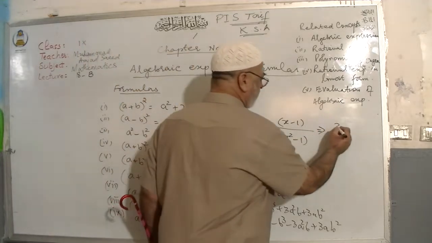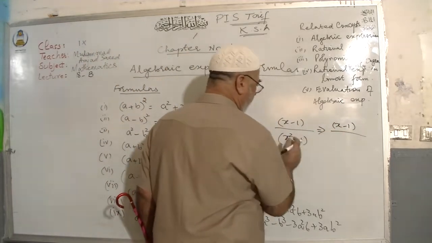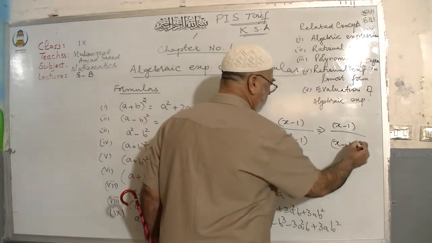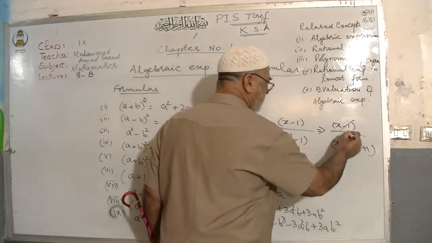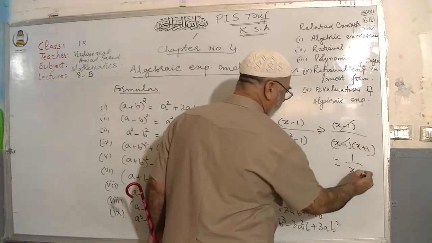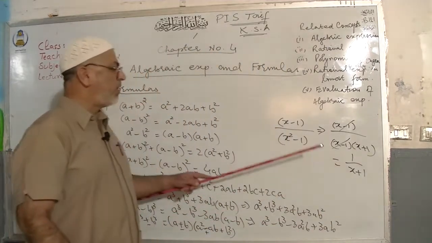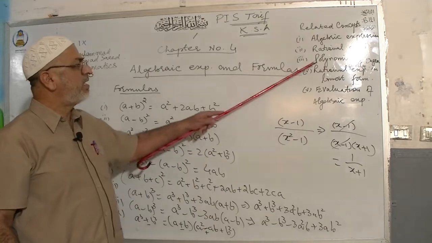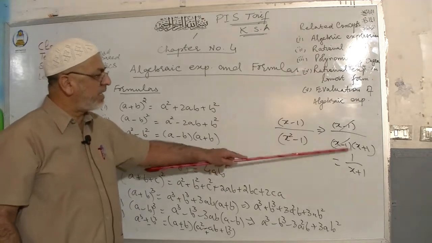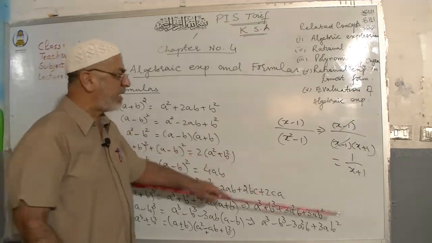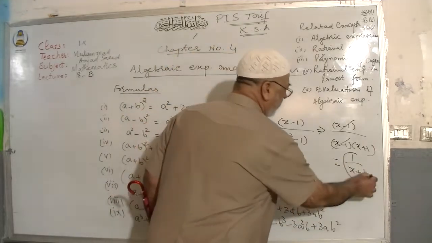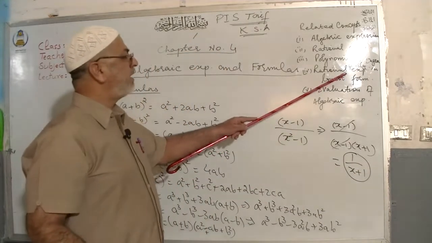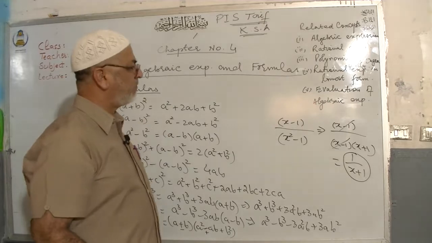For example, you will write down x minus 1 over (x minus 1)(x plus 1), and this is cancelled out and you are left with 1 over (x plus 1). So this is the polynomial rational expression, but in the same way you can simplify to get a polynomial rational expression in lowest form.